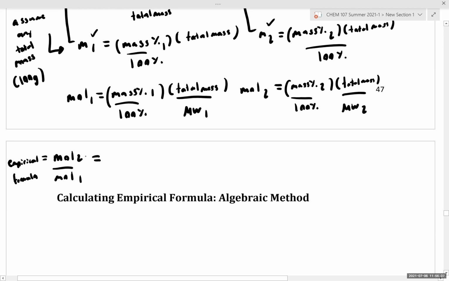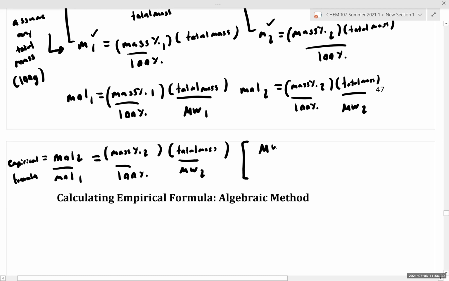So, we'll take the moles of element 2, which corresponds to the mass percentage of element 2, over 100% times the total mass over the molecular weight of element 2, divided by the moles of element 1, which corresponds to the molecular weight of element 1 over the total mass times 100% over the mass of element 1.